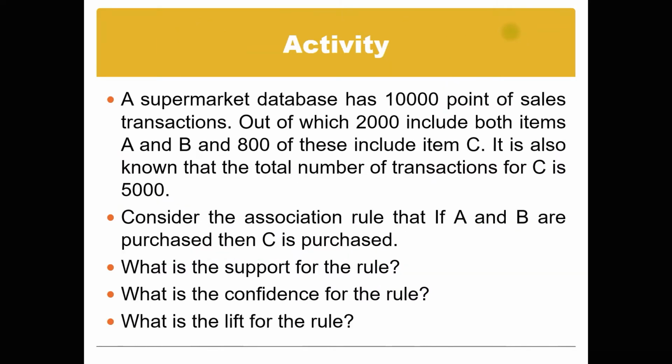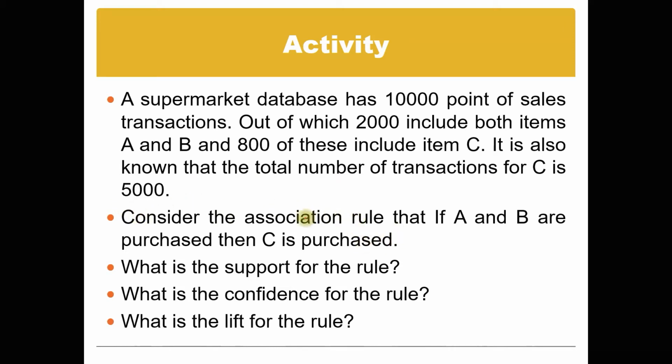Okay, here we go. We have an example of a supermarket where there are 10,000 points of sales, out of which 2,000 include both items A and B, and 800 of these include C. It's also known that the total number of transactions for C is 5,000.